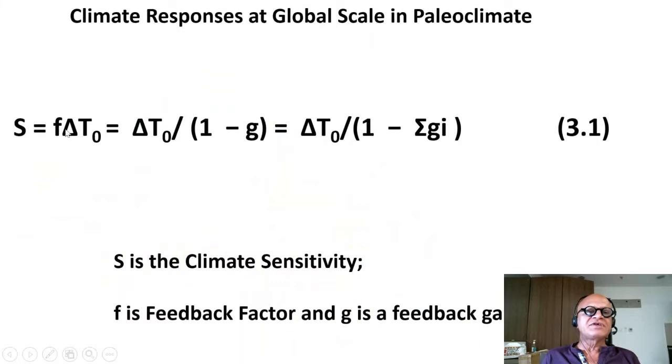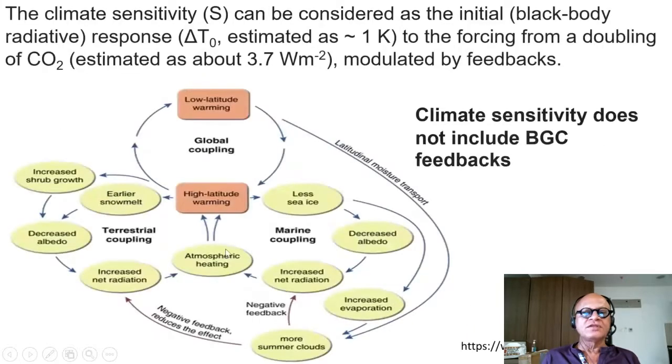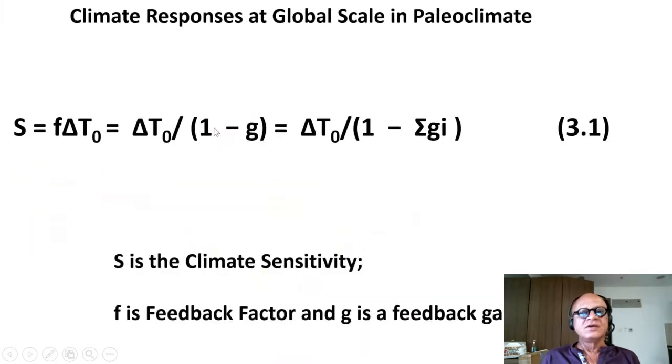But then it's never that simple because we have all these feedbacks, right? So obviously the feedback factor is written as 1 over 1 minus G, where G is a gain factor, like in electrical engineering, where you ramp up the voltage or the current, right?